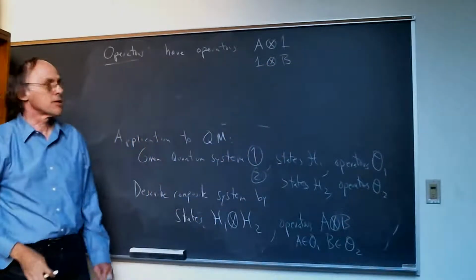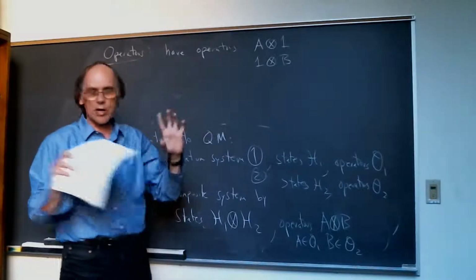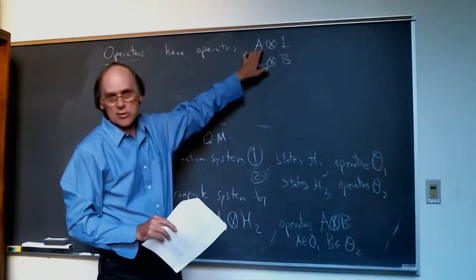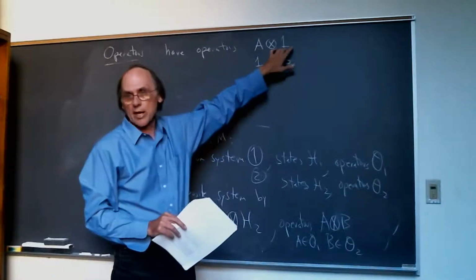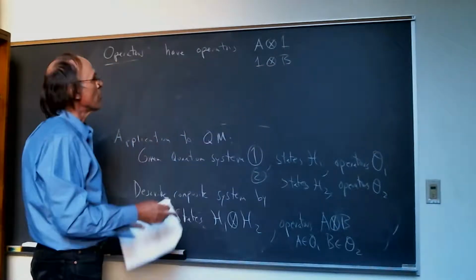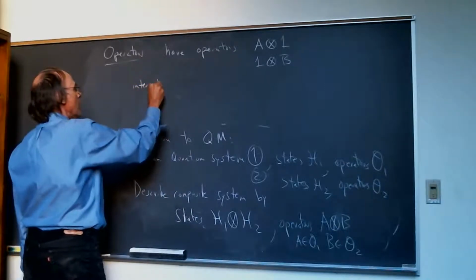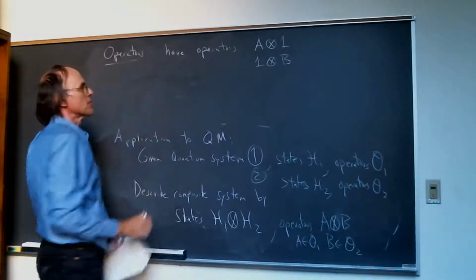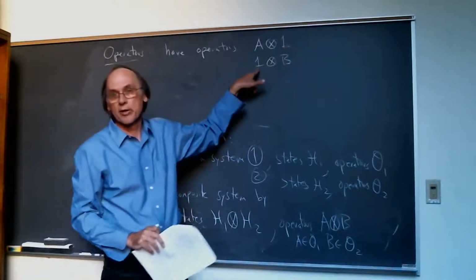Operators of this form are what you would call non-interacting. They just describe the story you had about H1, with nothing interesting going on with H2, and the opposite here. But interactions are going to be described by something more general, where you don't just have the identity here, or not just the identity here.